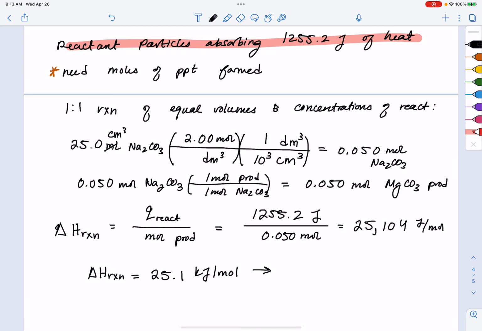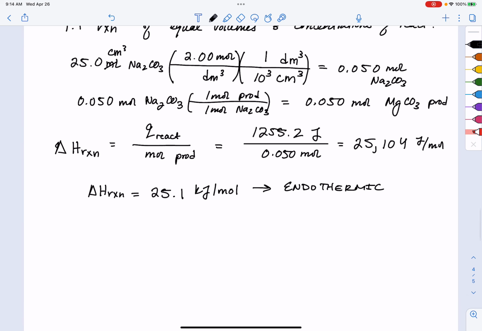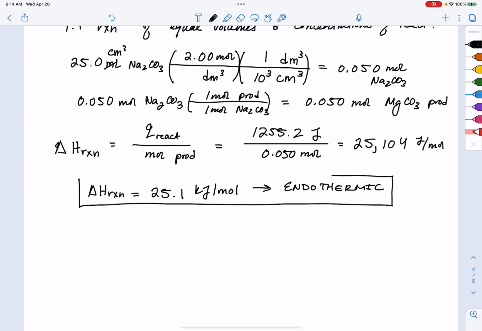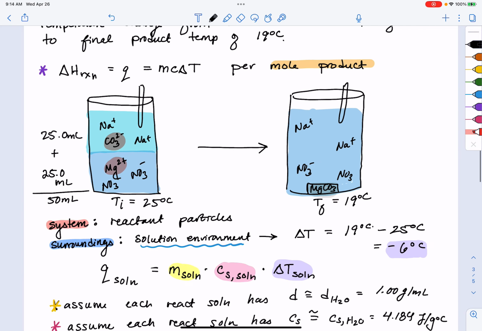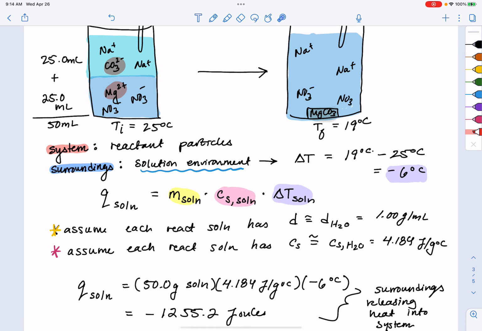And notice, this is a positive sign. So this means that this is an endothermic reaction. It required heat in order to make the precipitate, which makes sense when you go back to our raw temperature data: the surroundings got colder. That's because some of the heat that was in the surroundings, some of that thermal energy, was transferred into the reactant particle system to create the precipitate.